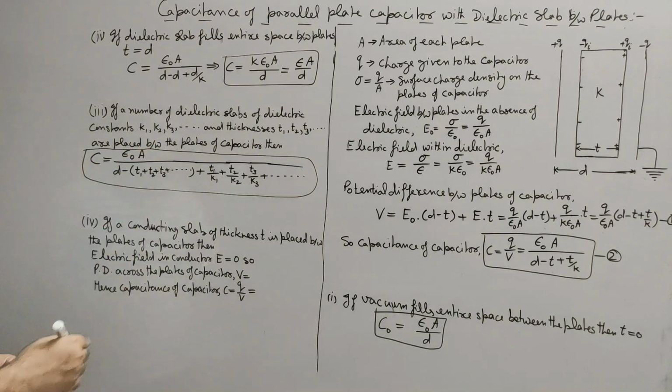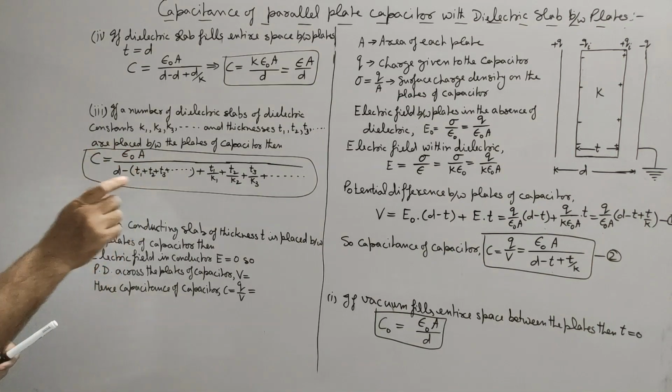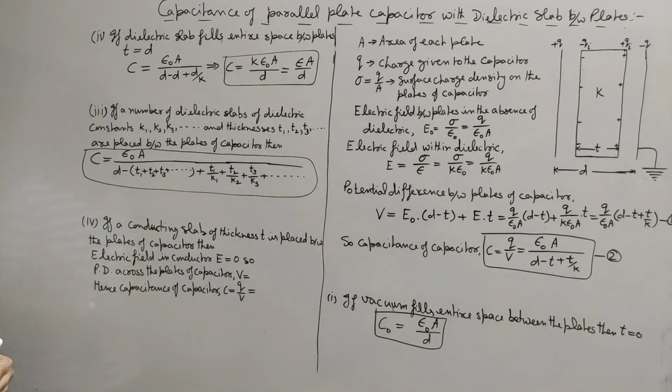In the board exam, sometimes this question is asked: determine the capacitance of a parallel plate capacitor partly filled with a conducting slab between its plates. So we are obtaining this expression instead of getting it directly from expression 2.